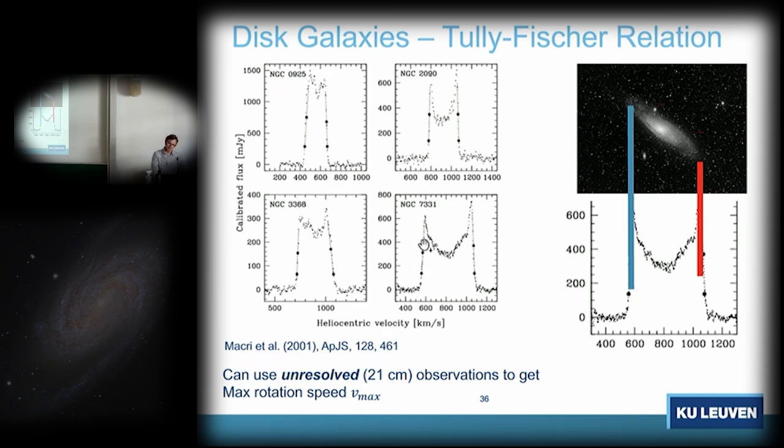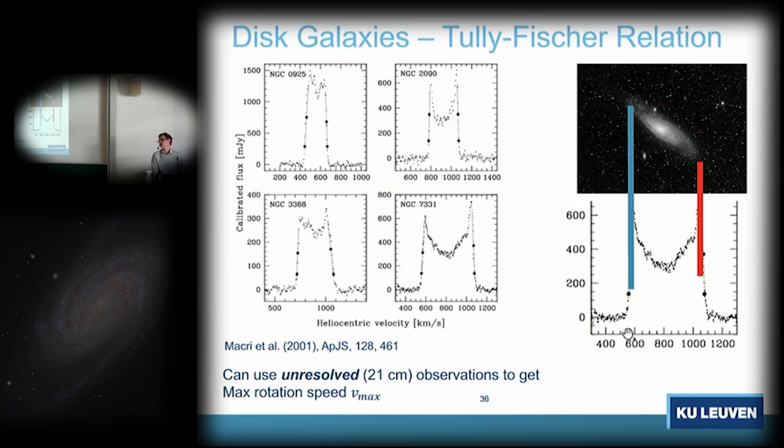And then you look at how broad this line is. That broadness is associated with the maximum rotation speed, in the sense that if this galaxy were rotating in this way, then this part would be maximum redshifted, this part would be maximum blueshifted, and you could just read off those values down here.